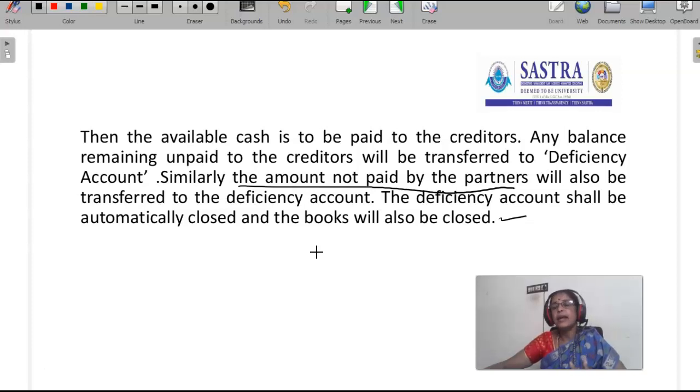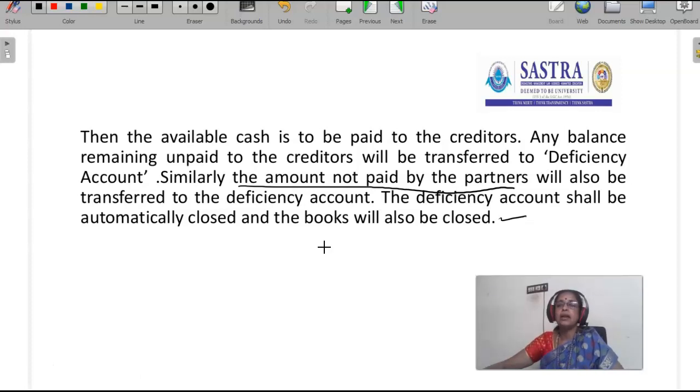If all the partners are insolvent, we cannot apply the Garner versus Murray rule. In that case, we have to open a deficiency account, and all the unpaid amounts should be transferred to it. First, as usual, we open the realization account. We transfer the assets and assets realized, and the firm meets the expenses, but for outside liabilities we open separate accounts.